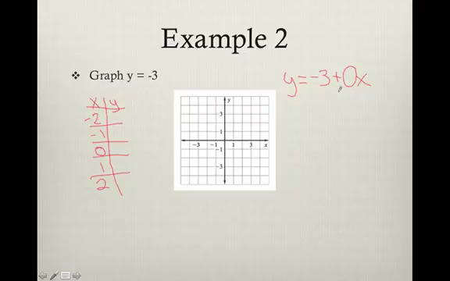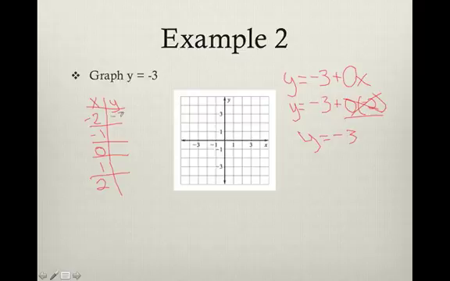Okay, so if I plug in a -2 for x, I would get -3 plus 0 times -2. This is all equal to y. Order of operations says I must do that operation first. Well, 0 times anything wipes it out. So I get y is equal to -3.